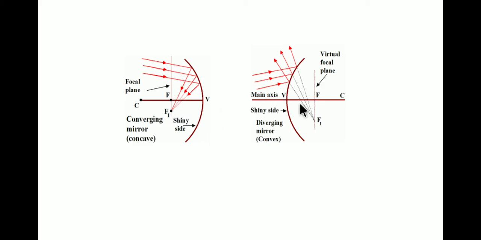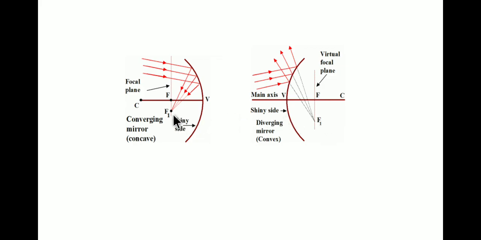Similarly over here, for the convex mirror, any parallel beam of rays which is not parallel to the principal axis may, after reflecting, appear to come from any point lying on this plane. So this plane is called the focal plane for the mirrors. This is the focal plane for the concave mirror, and this is the focal plane for the convex mirror. For the convex mirror, the focal plane lies inside the mirror, which is not the real focal plane.